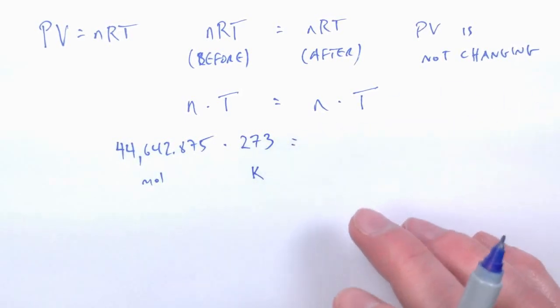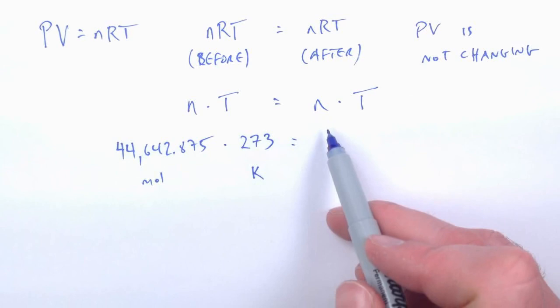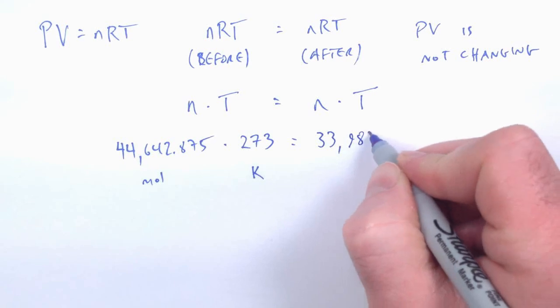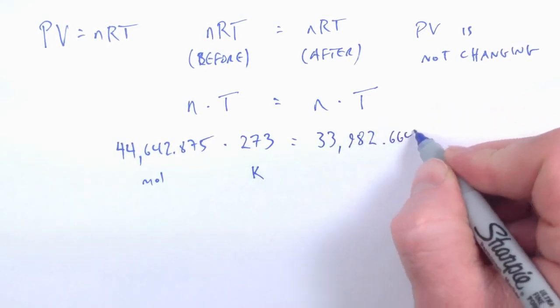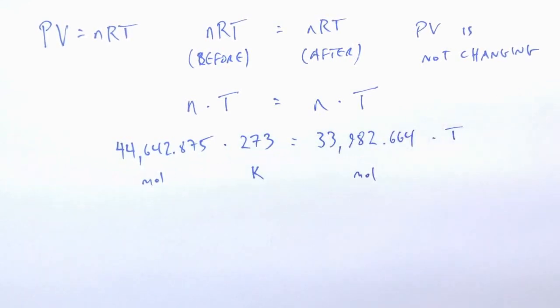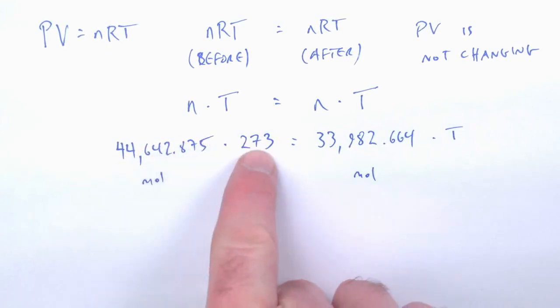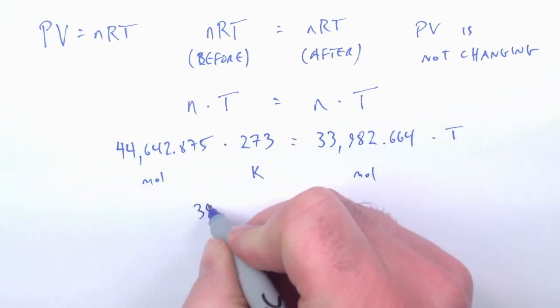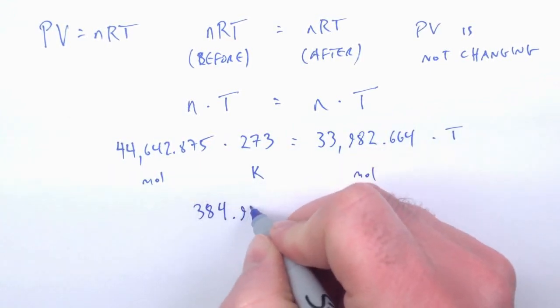In order to make the density the same, we need to lower the number of moles to 33,982.664. And now we just have to solve for T. So you can take a second and do that. So me giving away the answer doesn't just look like nonsense numbers I made up. But if you multiply these together and then divide by that, what you end up with is a temperature of 384.9 Kelvin.